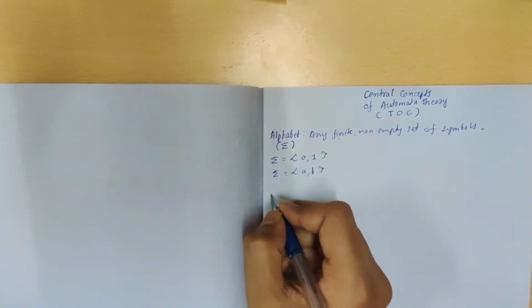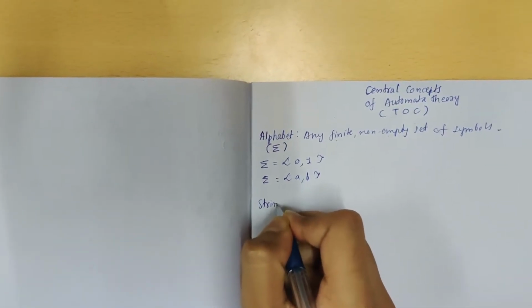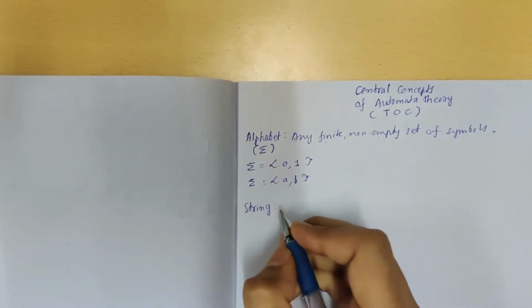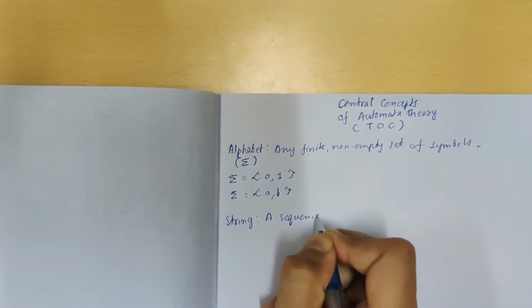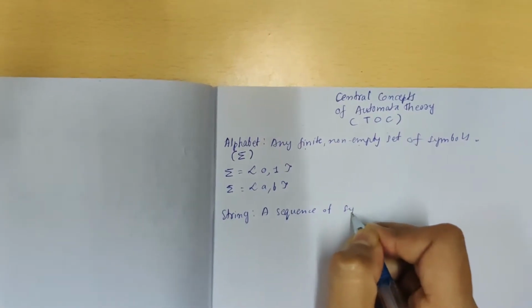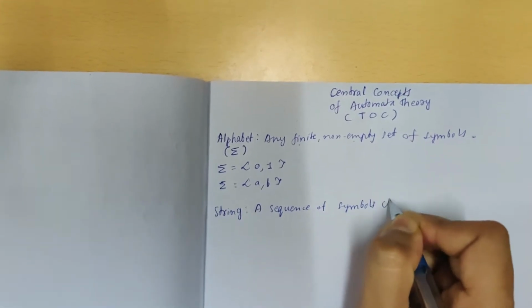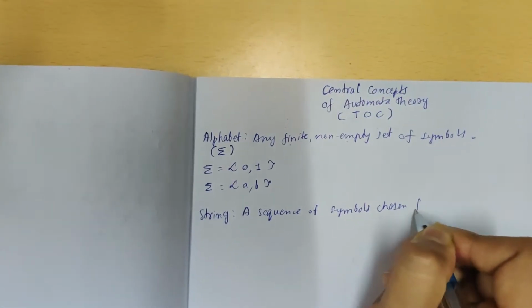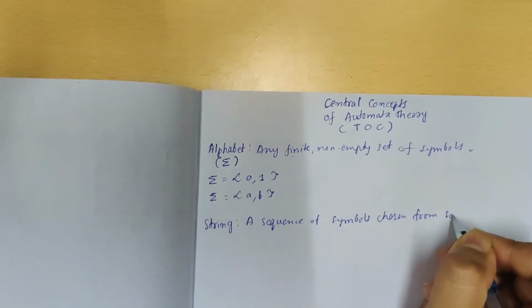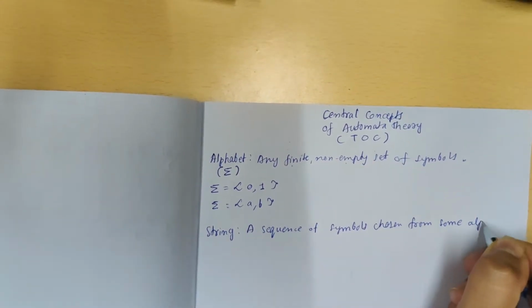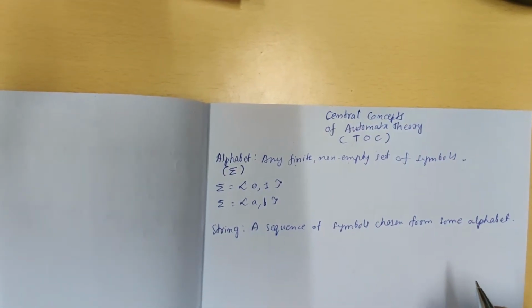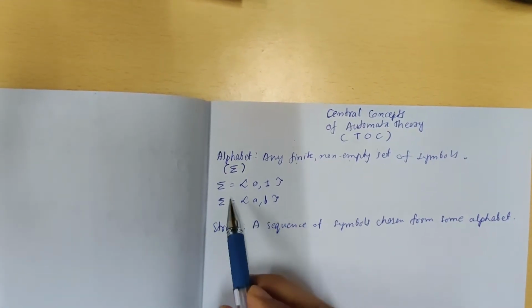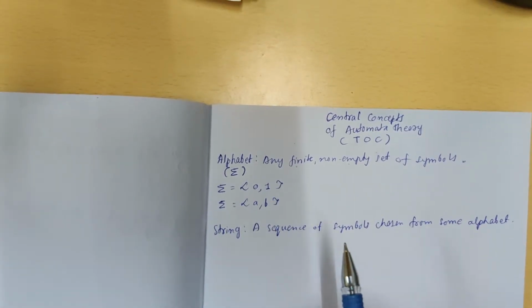The next concept that we have is the concept of a string. So what actually is a string? A string is a sequence of symbols chosen from some alphabet. Suppose, as I've written here, we have this alphabet set 0, 1.